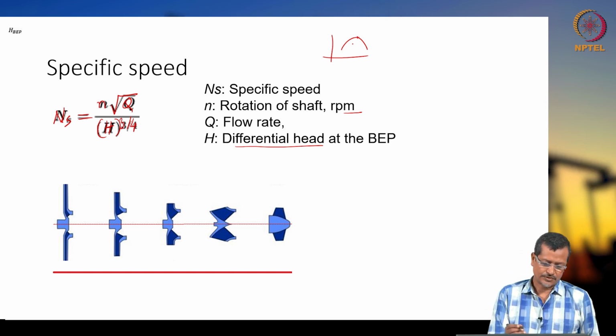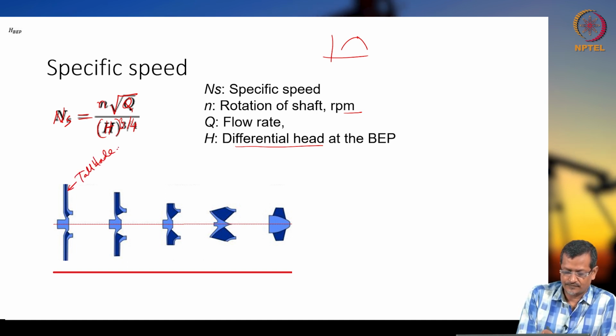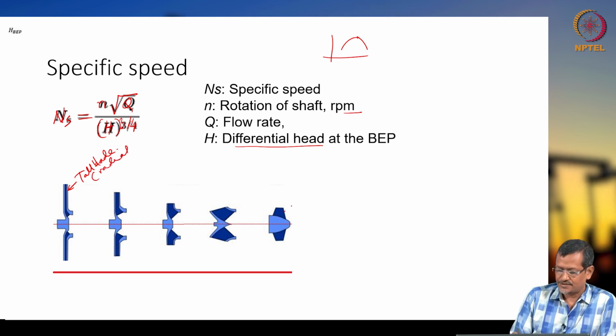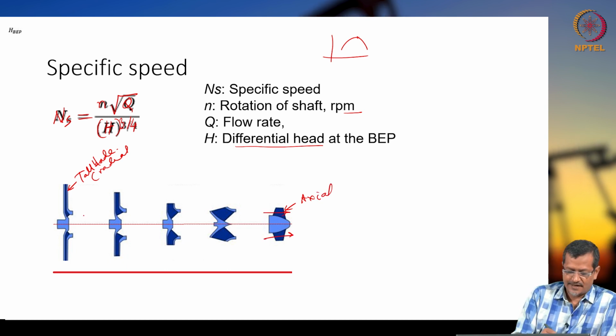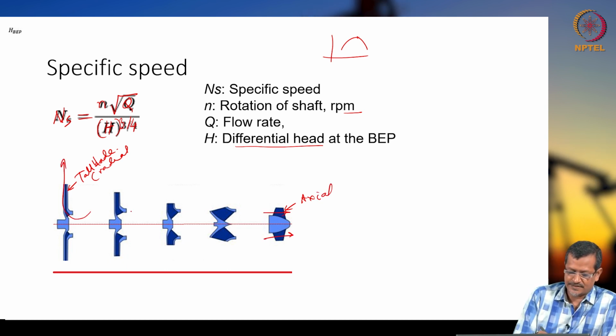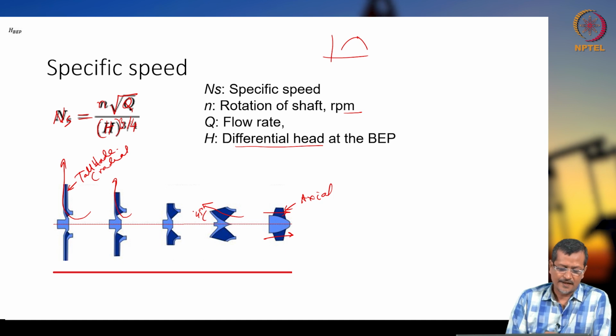If I see this one, this is a tall-blade radial, and this is axial. Axial flow means the fluid moves like this, and with a tall blade the fluid moves like this. A short blade also moves like this. This is mixed flow, more like 45 degrees.